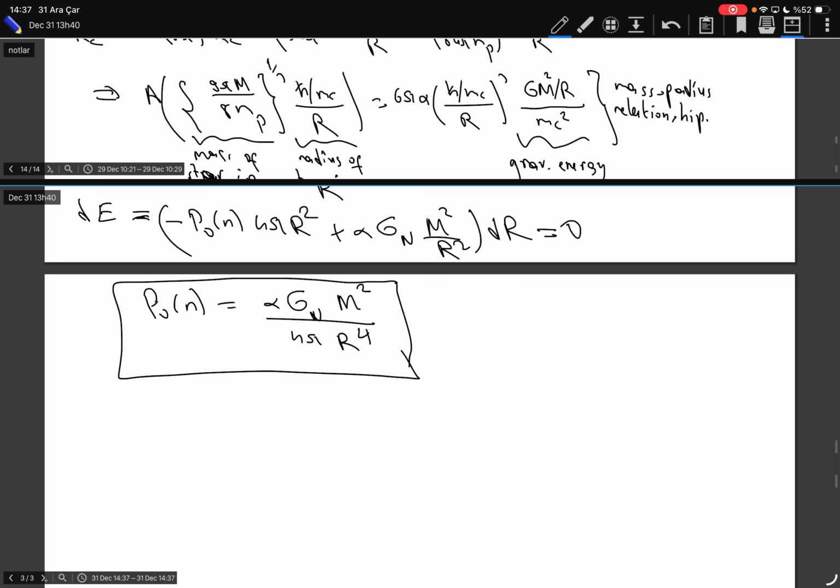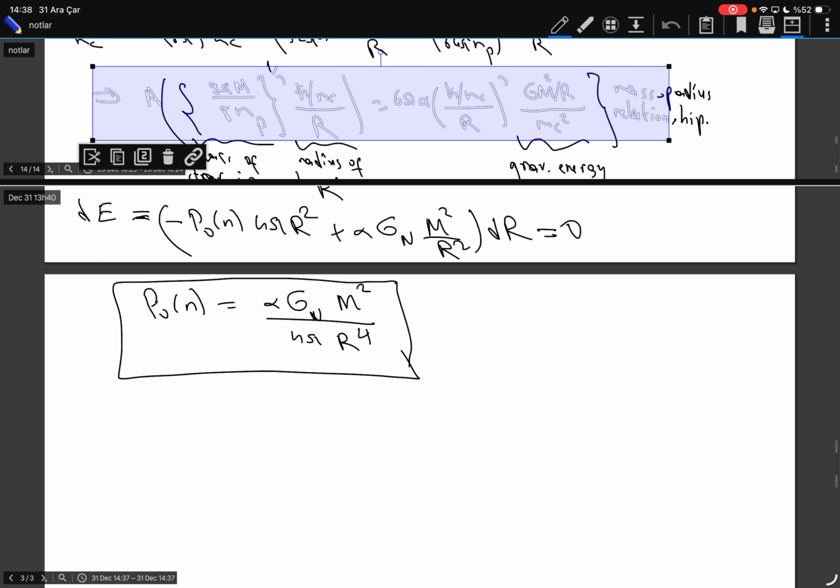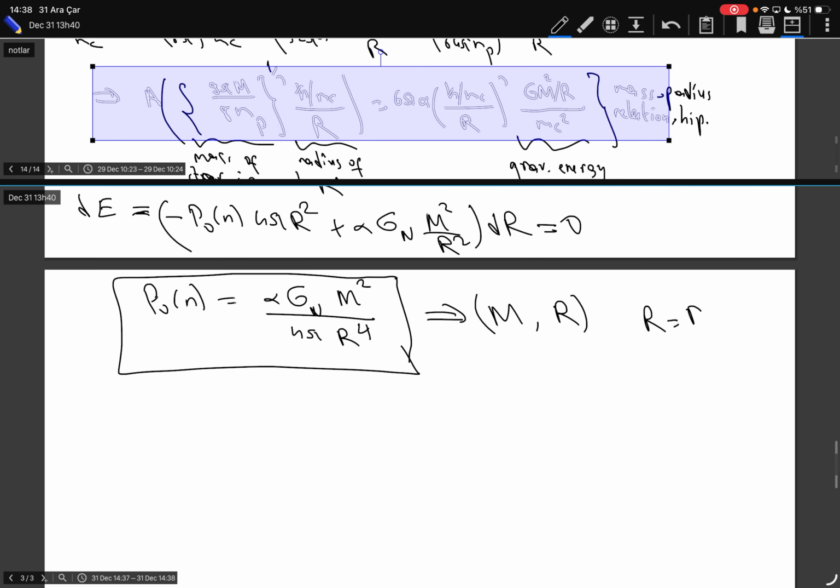Now, I will not write down this expression again. It's a terrible looking expression. But essentially, both sides depend on mass and the radii. So this will give me a relation between the mass and radii, or if you like, radius as a function of mass.